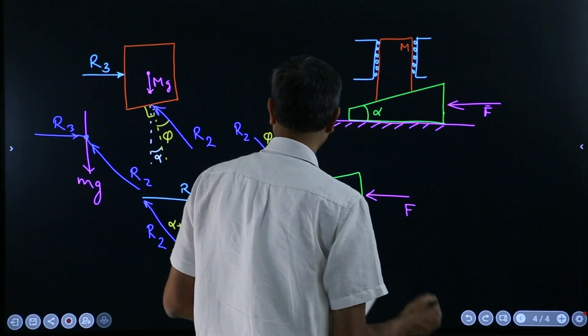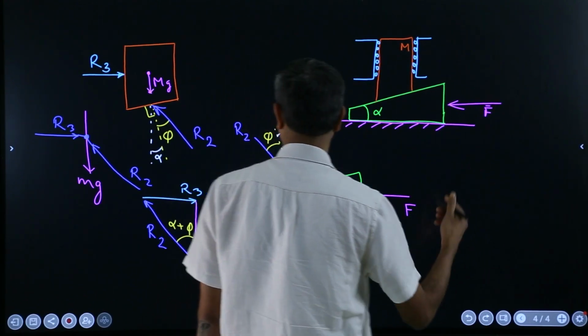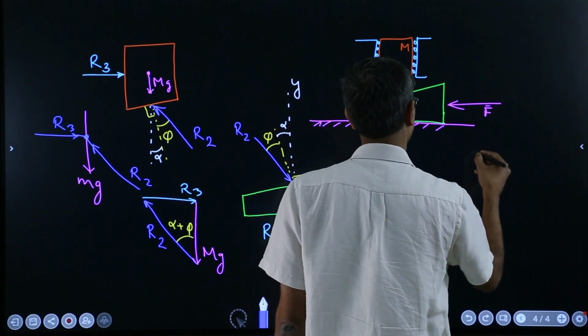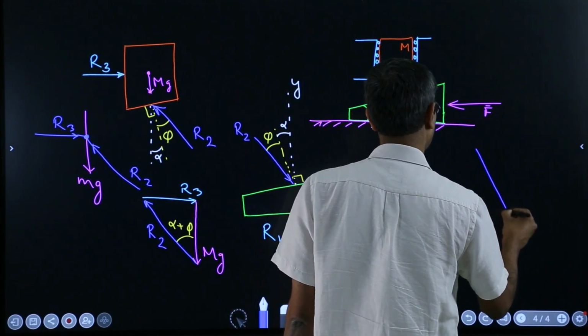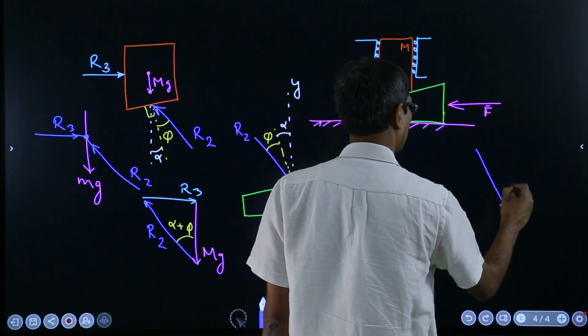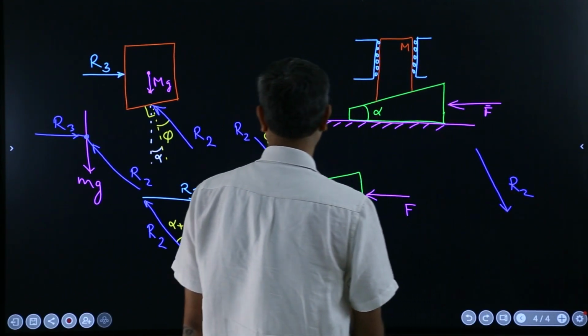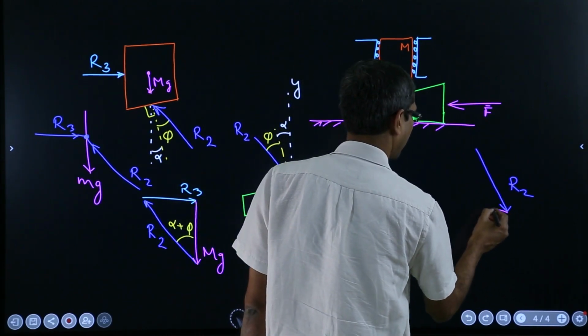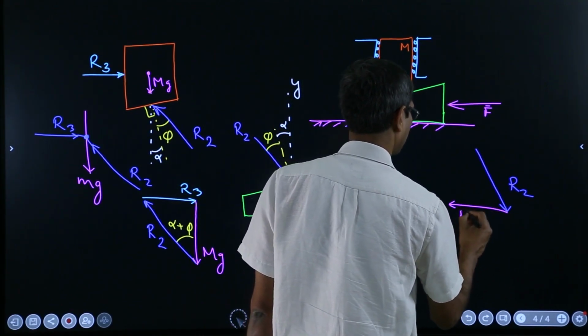Okay, so now let me draw here. So if I draw R2, it should be like this, say R2, and F is in this direction.